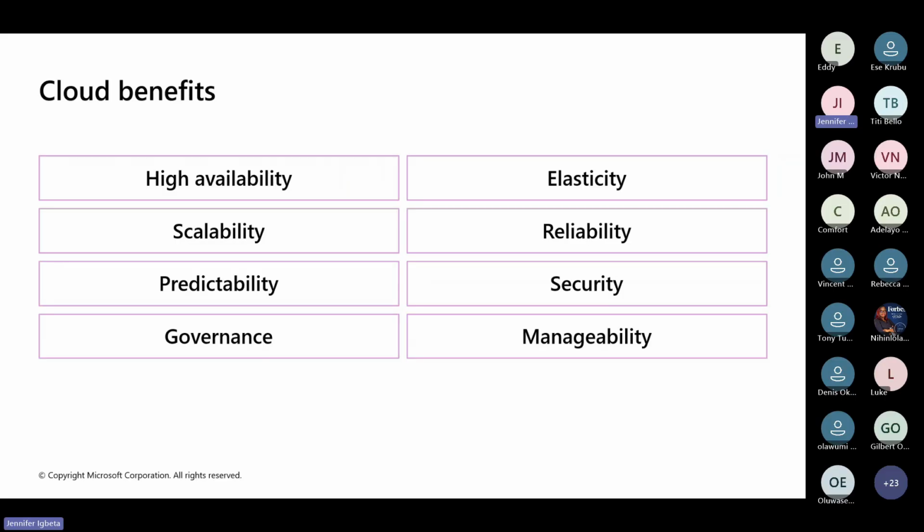The cloud will give you an SLA saying that if you have a virtual machine with us, be sure that this virtual machine will be available to you 99.9% of the time. If you add an availability set to it, it could give you 99.95%. If you now spread it across availability zones, it will give you 99.99%. So the cloud is reliable.